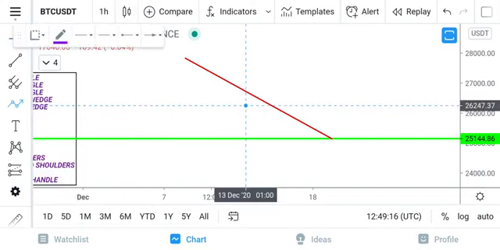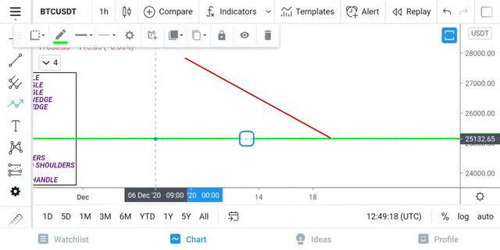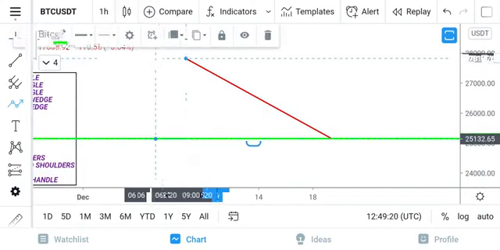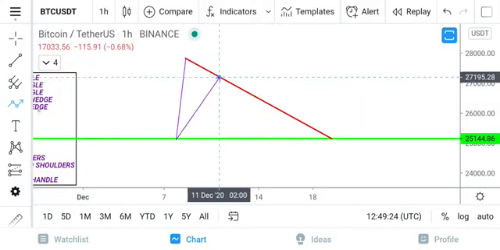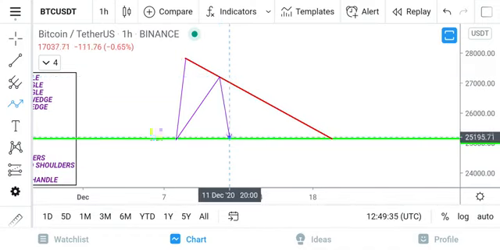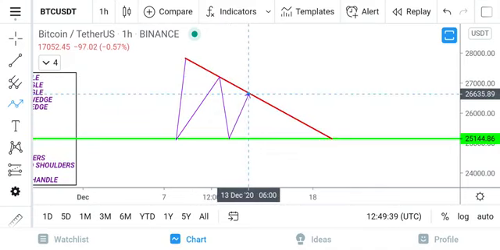Price is going to be making highs towards the support, then goes back up. We say lower high because this point is lower than this one. It comes back to resistance.